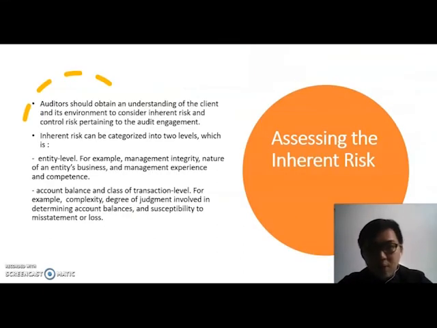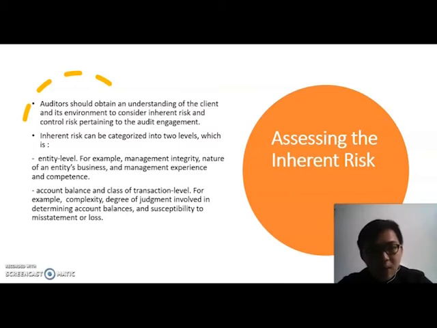So we move to assessing the inherent risk. During assessing the inherent risk, auditors should attempt an understanding of the client and its business environment to consider inherent risk and control risk pertaining to the audit engagement.